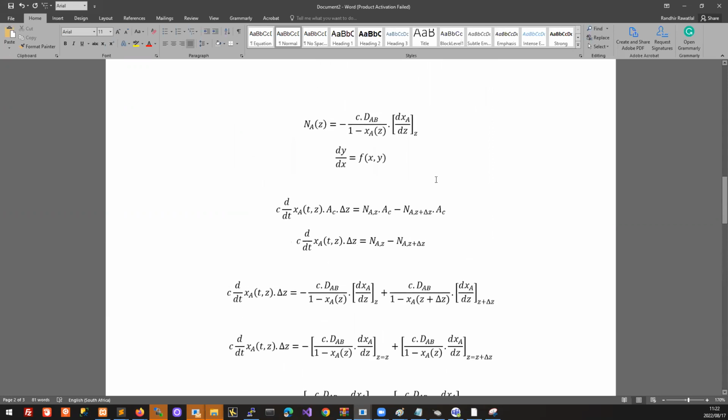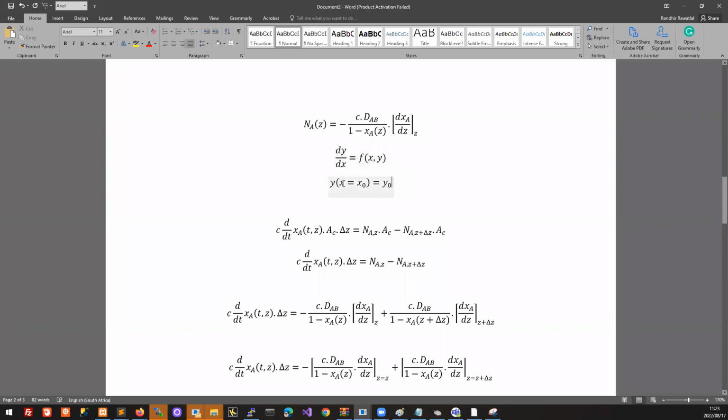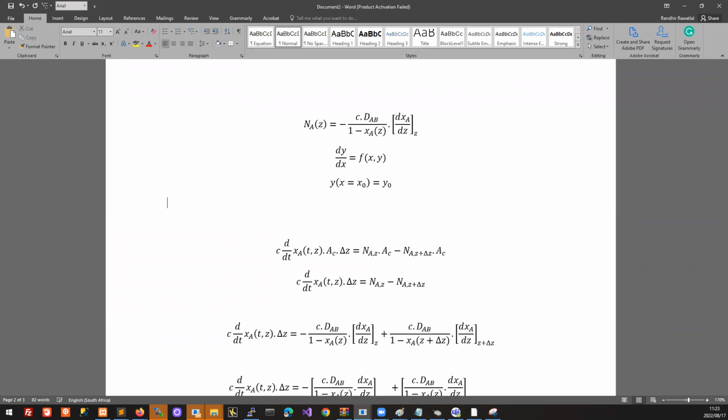Now, to solve these equations, of course, we typically had some boundary condition or initial condition. We would say that we happen to know at one specific point what the value was. So if we pick some point where x equals x0, then we happen to know that it was y0. So for example, let's take a step back and just do a simple example.